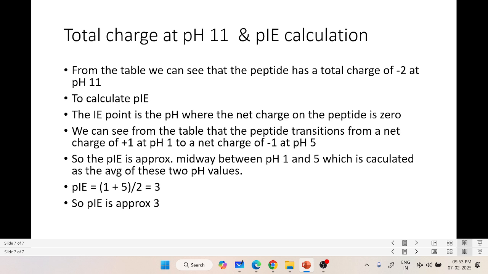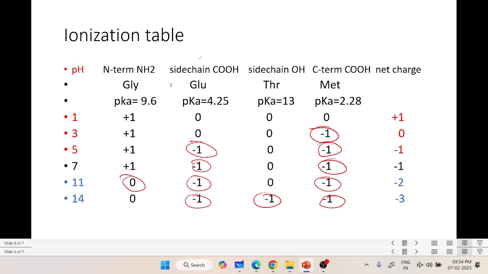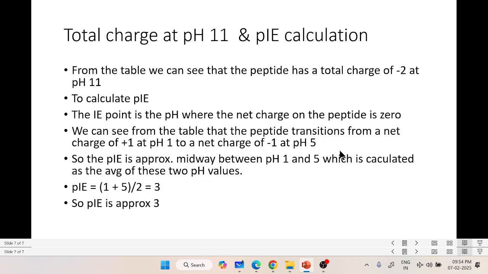Now to calculate the pI, the isoelectric point is the pH where the net charge of the peptide is 0. If we go back, we can see that the peptide has a charge of +1 at pH 1, and a charge of -1 at pH 5. So what does it tell us?